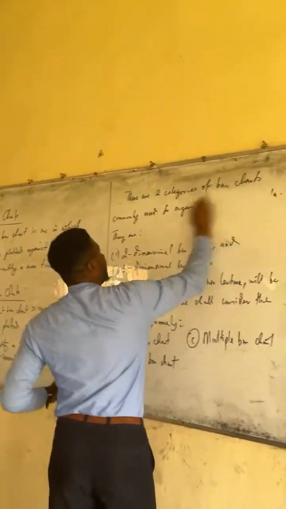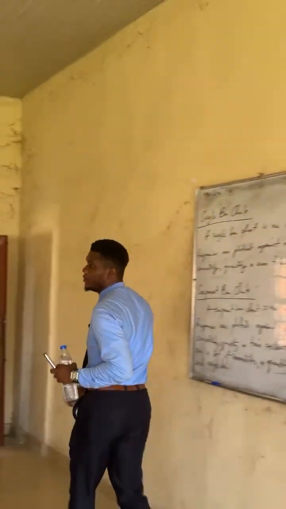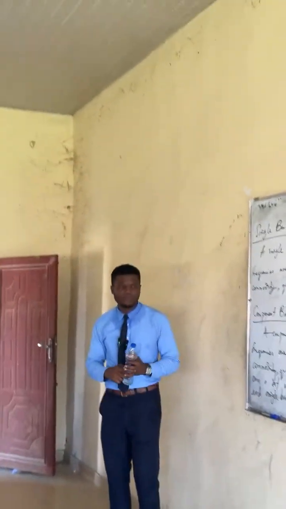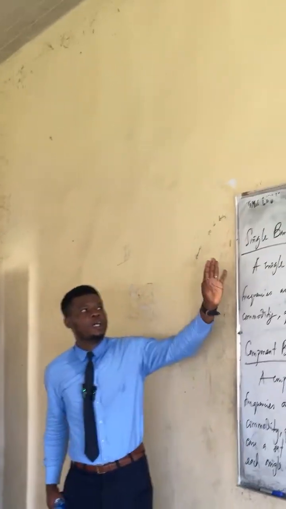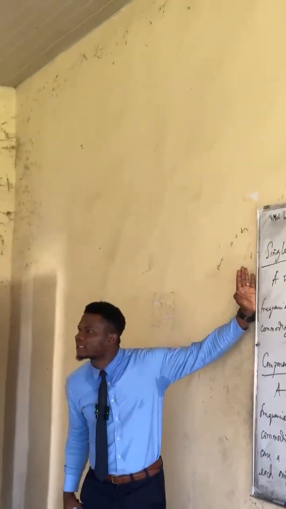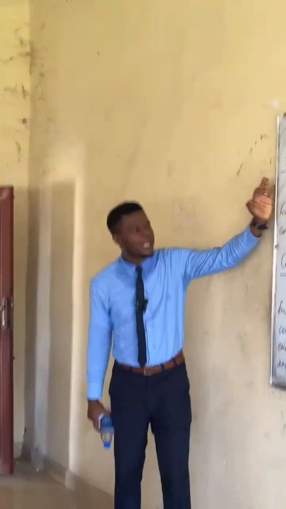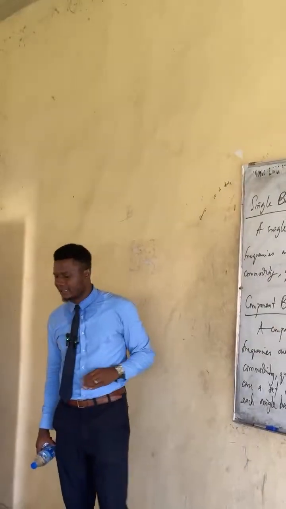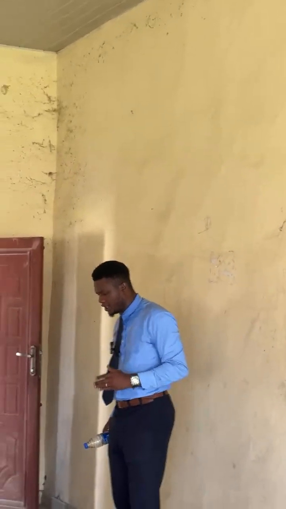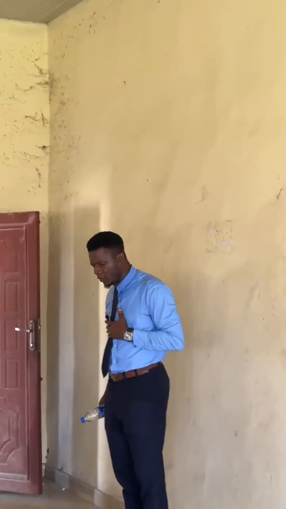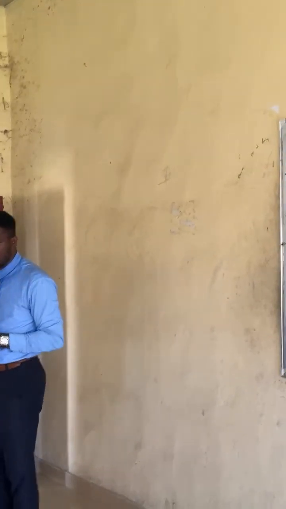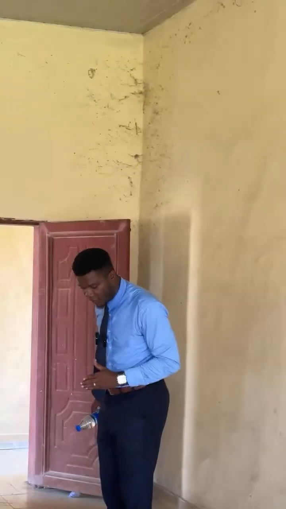Now, please listen, everybody. Listen, so that you don't just write. The difference between the single bar chart, ordinary bar chart, or just the bar chart, and the component and multiple bar chart is that single is one set of frequency against one commodity. Is it clear? Multiple or component, one set of frequency against more than one quantity.